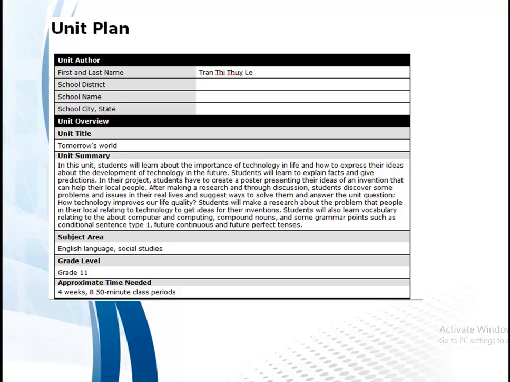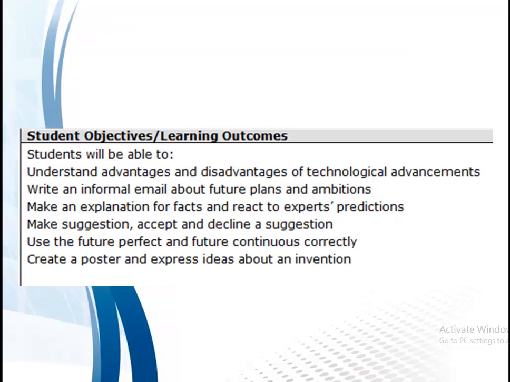The language standards are CEFR Level B2 and 21st century skills, which include communication skills, critical thinking, interpersonal and collaborative skills, and also creativity and intellectual curiosity. At the end of the unit, I expect my students to be able to understand the advantages and disadvantages of technological advancements.